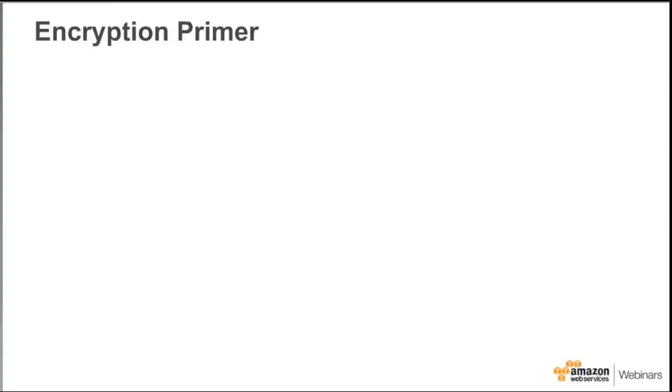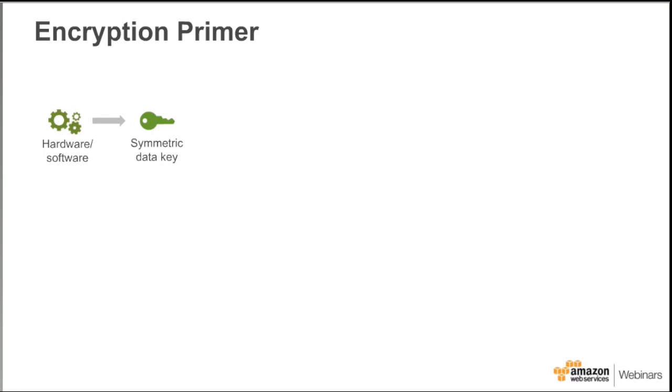So let's start with a primer on encryption. The first thing you need for encryption is a key, and I'll talk about symmetric data keys. Asymmetric data keys is another type of key, but for the purposes of this example, symmetric will work fine. So I generate a random piece of data, 128 bits, 256 bits, and I have a key.